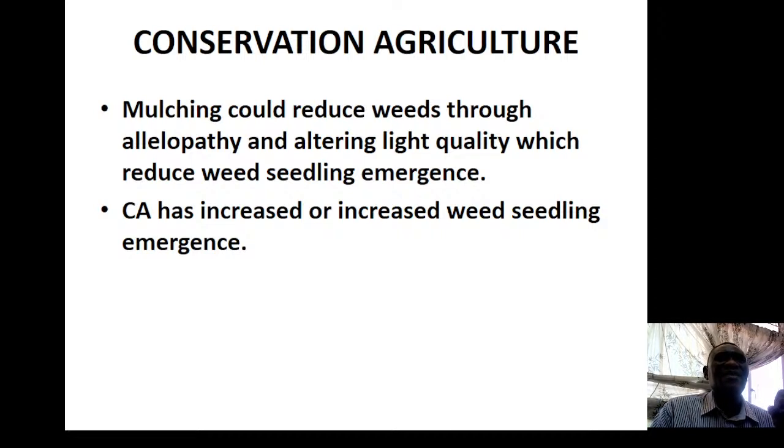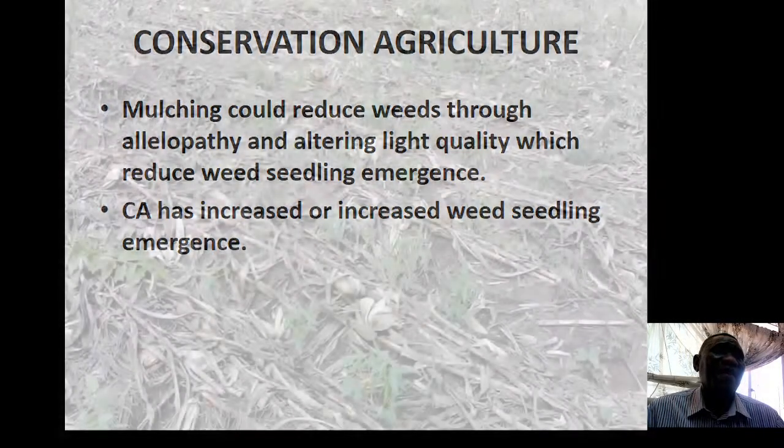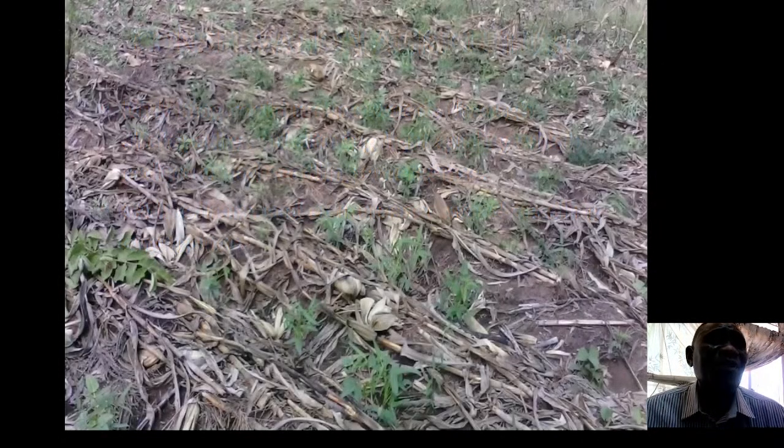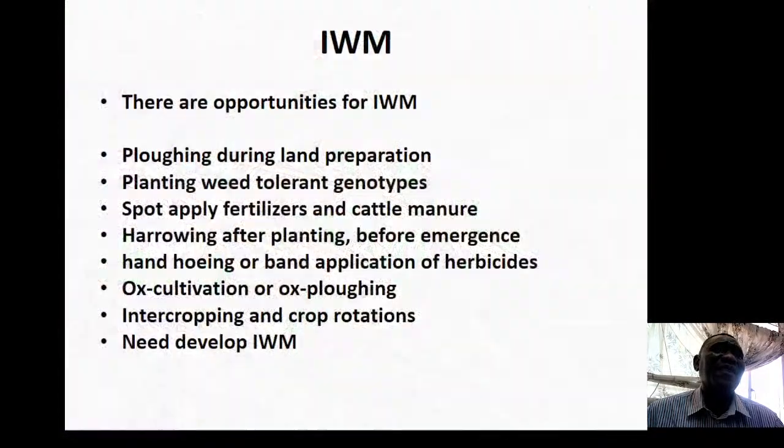It's a smart climate technique which can conserve moisture and make yields stable, but weeds can disrupt this system. These are maize residues which are being used as mulch. This was in Gokwe.